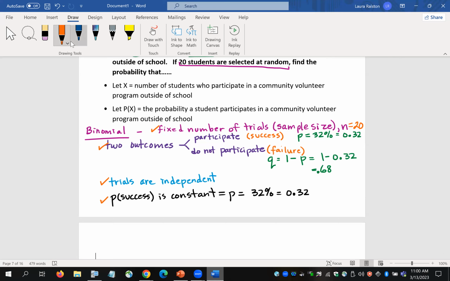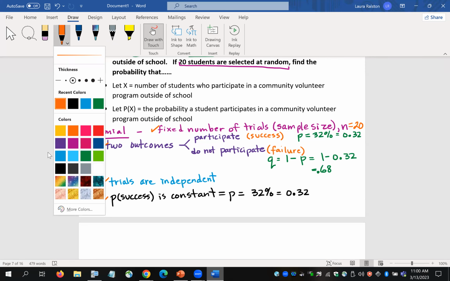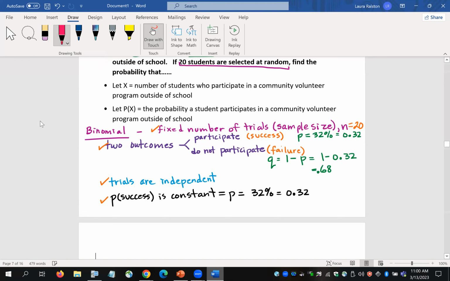Okay, so one other thing I want us to think about, because we need this information in order to work the problem in Minitab. It says the number of students who participate. Well, we know we're going to go up to 20 students because we're going to select 20. Because what you have to remember is there could be 0 students.